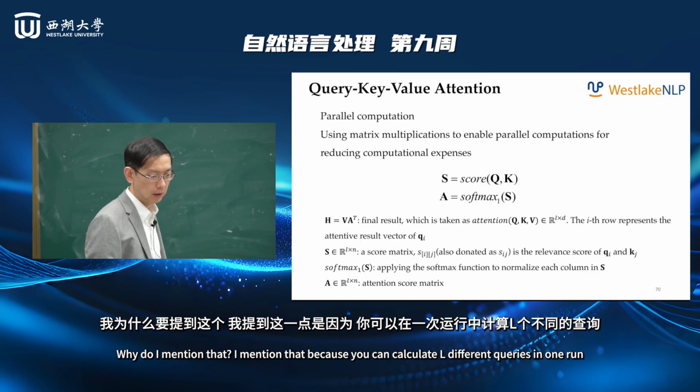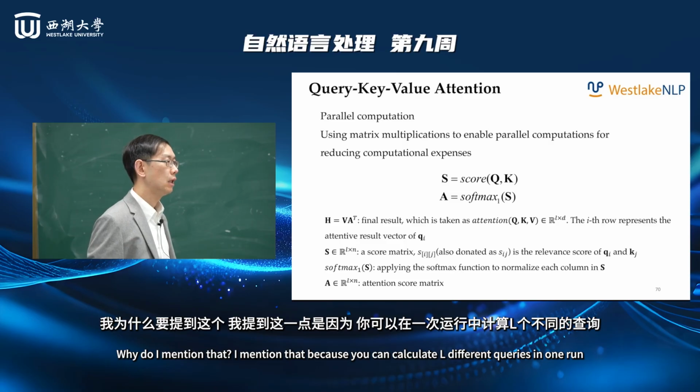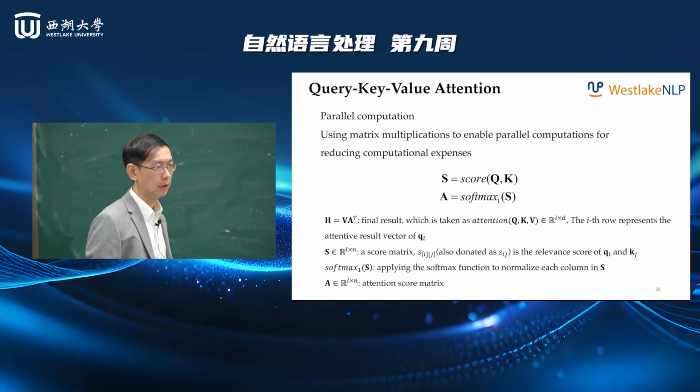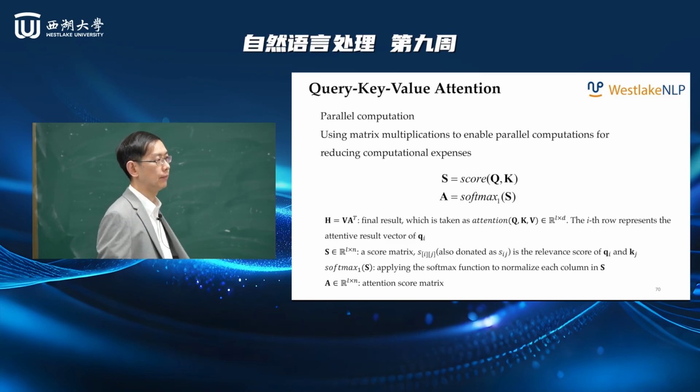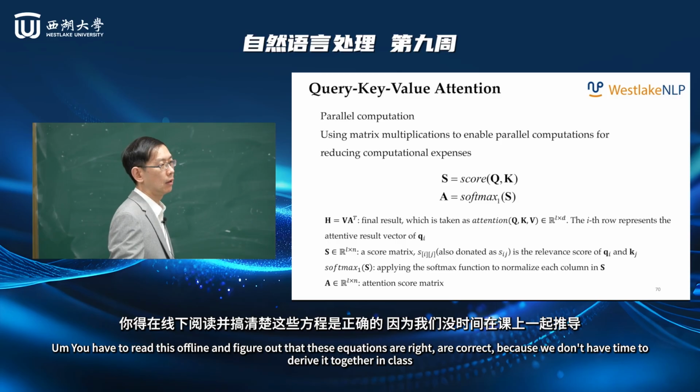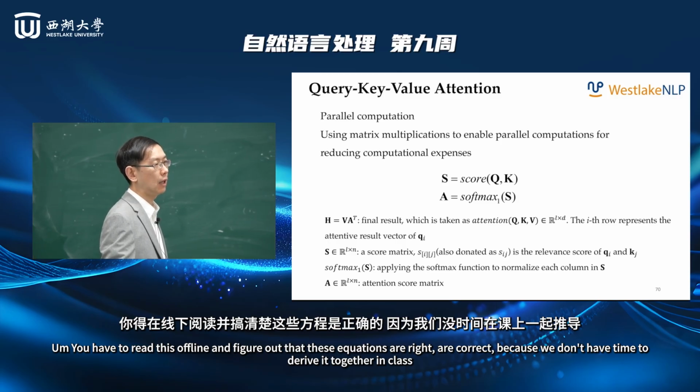I mention that because you can calculate L different queries in one run if you have a GPU. They can run in parallel as a matrix multiplication. You have to read this offline and figure out that these equations are correct, because we don't have time to derive it together in class.